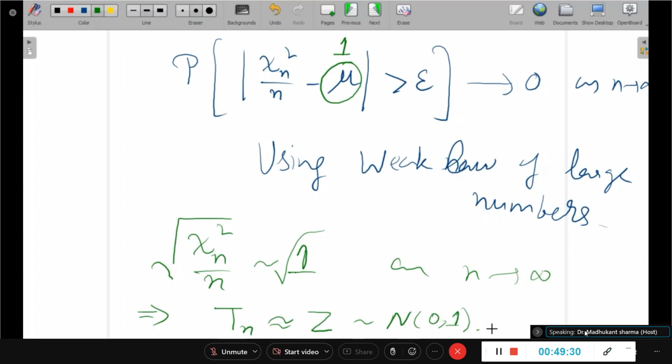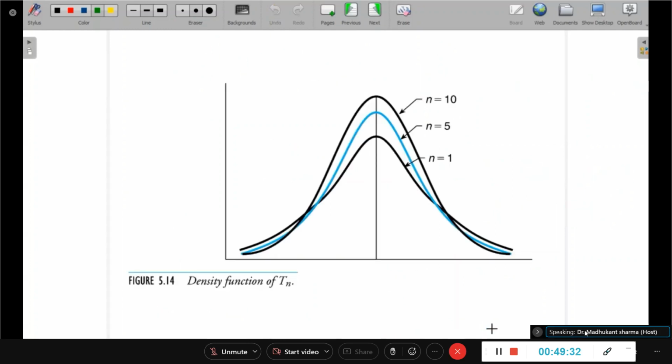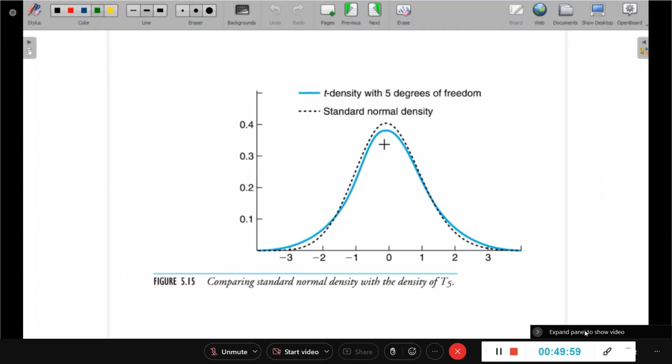Now I think I have a graph of this. Yes. So you can see in the Tn density function plot, n equals 1, n equals 5, n equals 10, and it moves more towards the bell-shaped curve as n goes large. You can see the thickness is increasing. Further, you can also see T density with 5 degrees of freedom.